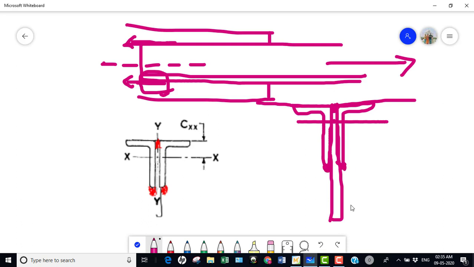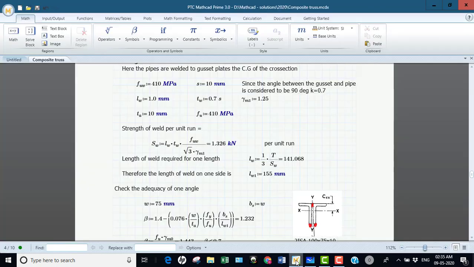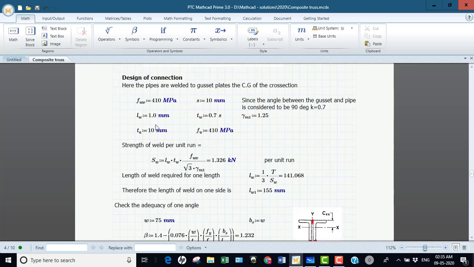So for this problem I'll take 1/3 of the total length as the connection length. But in reality, you have to exactly calculate the actual length of the weld, then substitute it in the beta value. Since this is a welded connection, I calculate the strength of the weld per unit run.